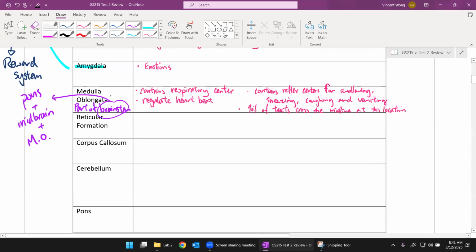And maybe one more thing that just comes to my mind, the medulla oblongata will exit at the base of the skull to become the spinal cord.